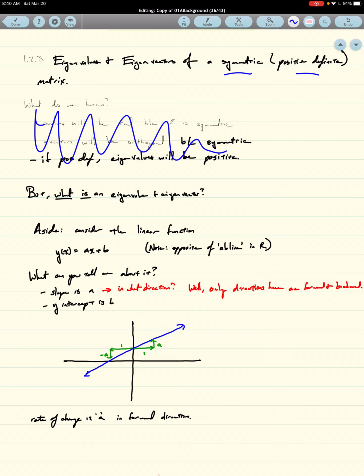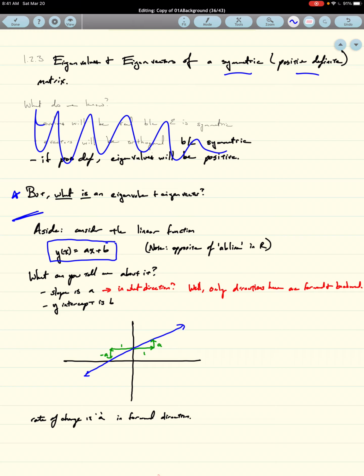And this is the easiest case for interpretation, but these ideas can be extended to non-symmetric matrices as well. So what we're trying to do is answer the question, what is an eigenvalue, an eigenvector?